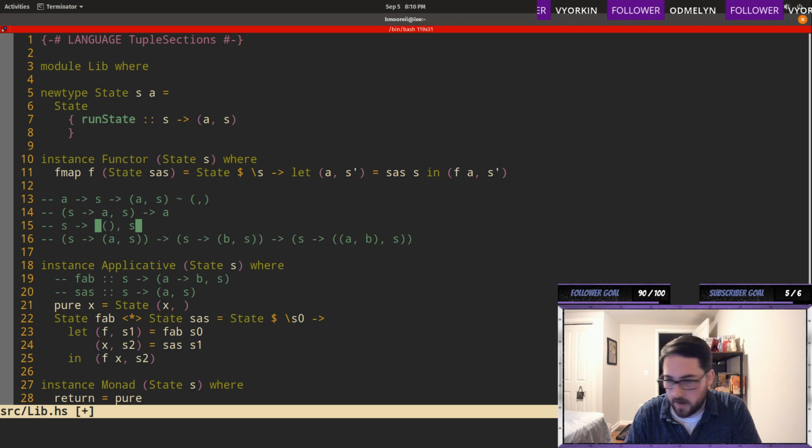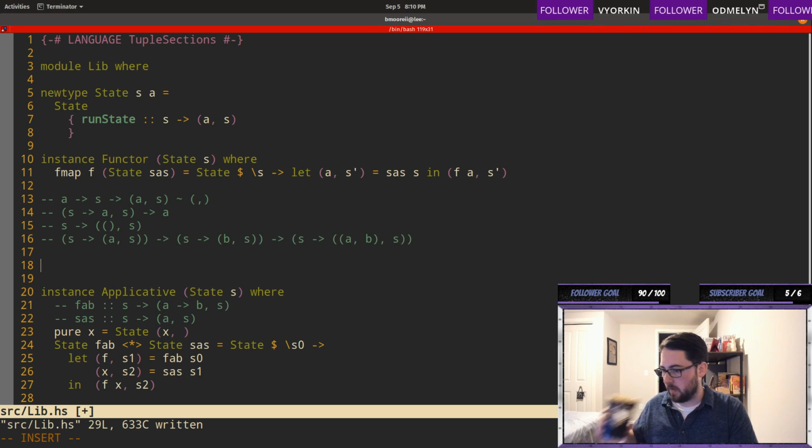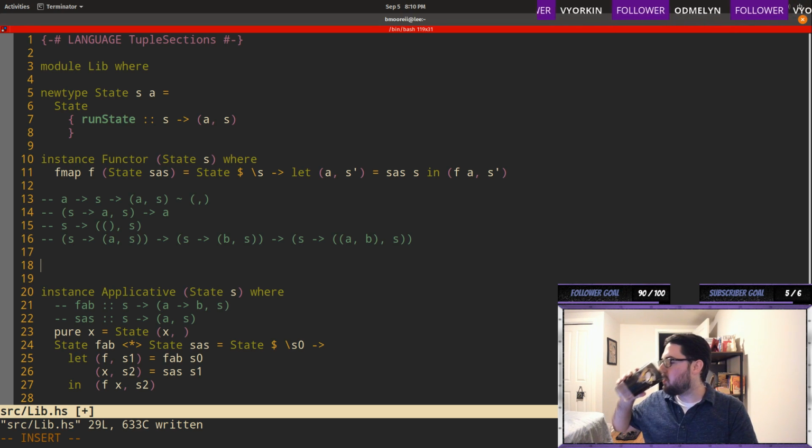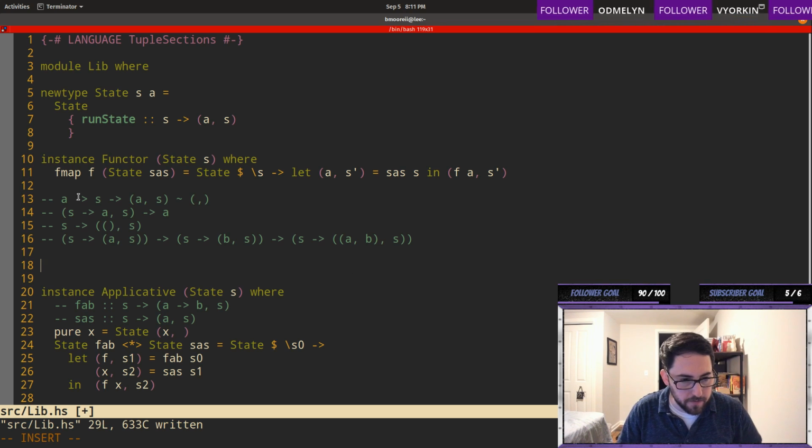So this looks correct, yes? Oh, let me move my cursor. I think this is right. So this one's easy because this is just that operator. At least I'm pretty sure it is. Yeah, it is.